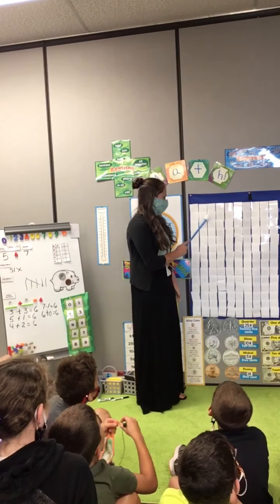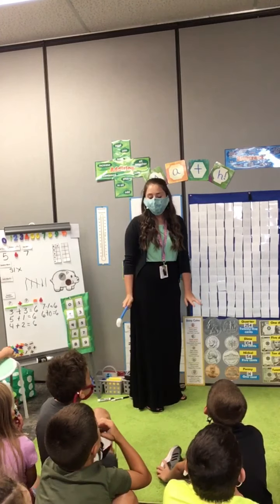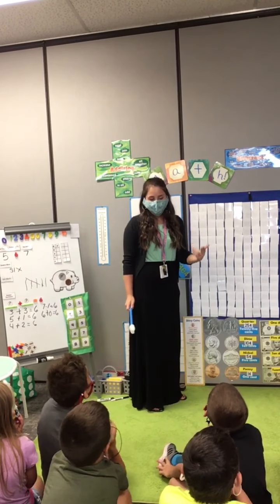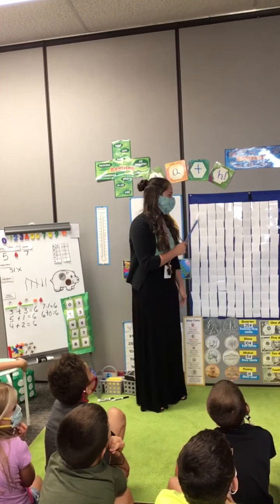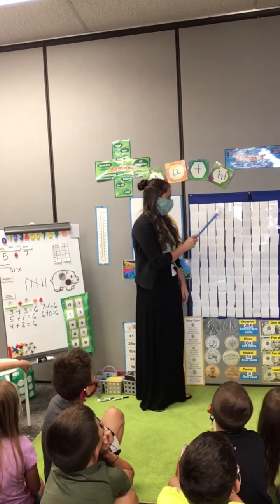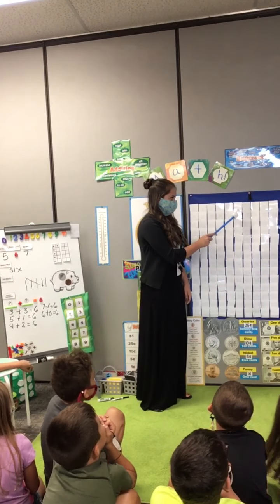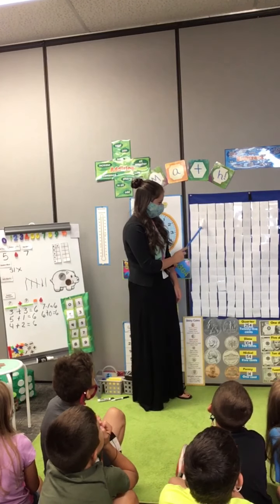Let's start at 2. 2, 4. Now, some of you guys are going to want to keep going. Should you say the number until I point at it? No. So if I'm not pointing at it, should you say anything? No. Okay, so let's try it. 2, 4, 6, 8, 10, 12.